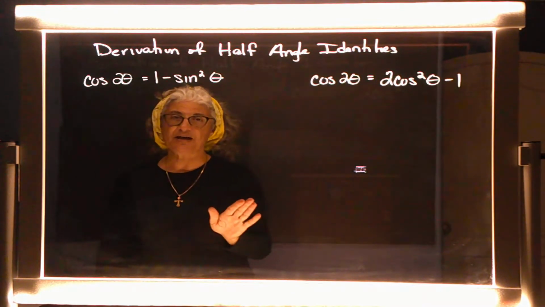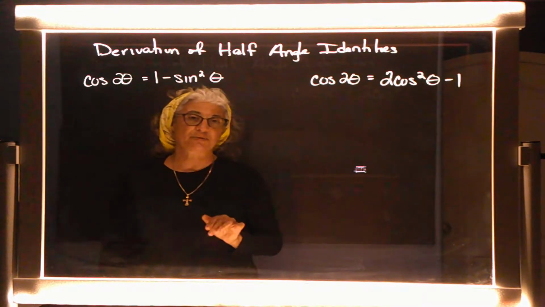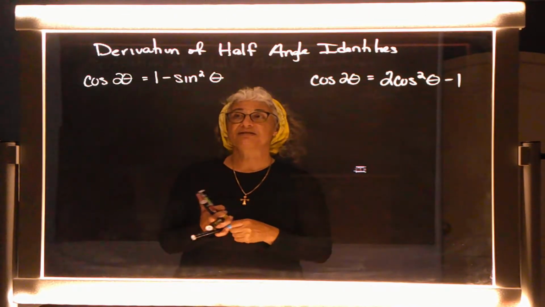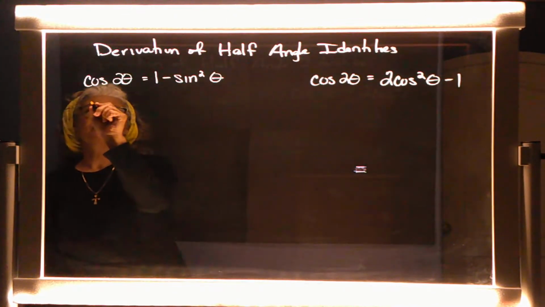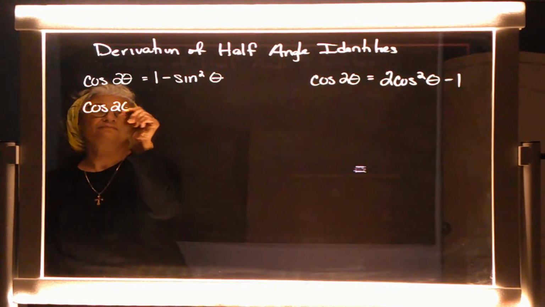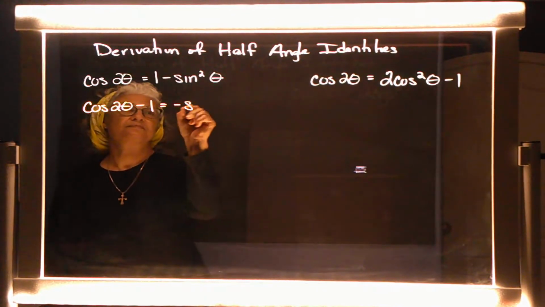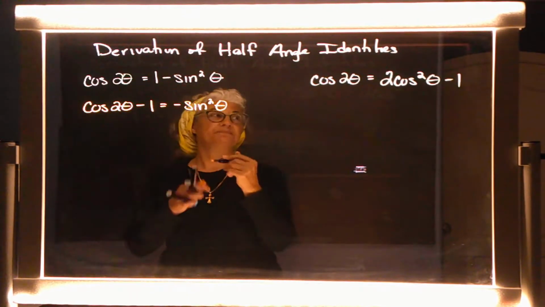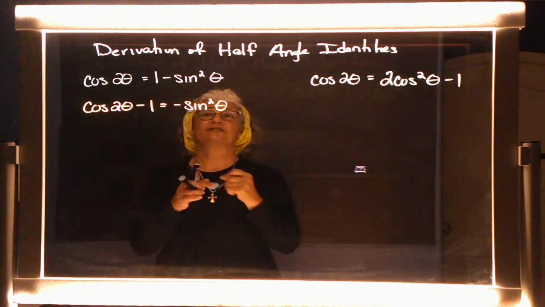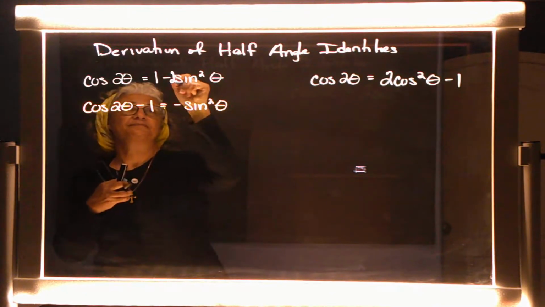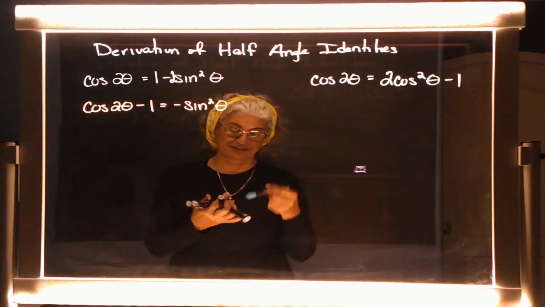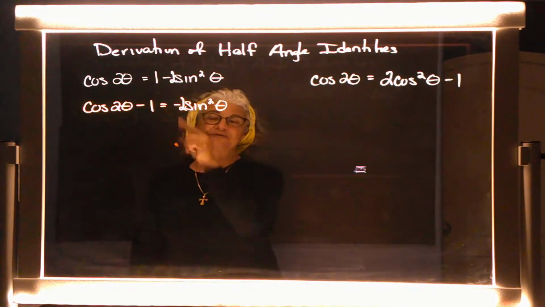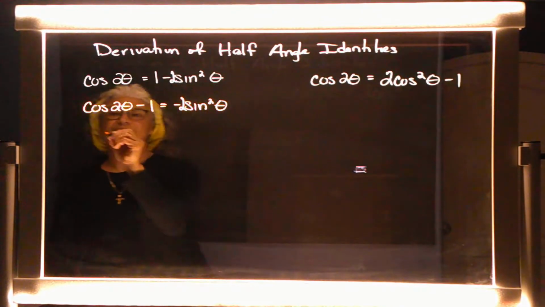Now here's what I'm going to do. I'm just going to do some algebra. I want to get the sine squared theta by itself. So, first thing I do is I'm going to move this 1 over. Excuse me, I forgot something. Yeah, there's a 2 there, wasn't there? And next thing I'm going to do is divide by that negative 2.